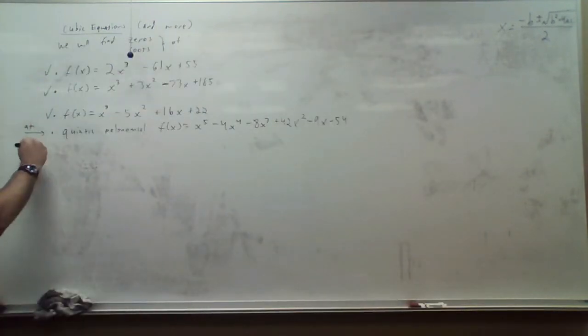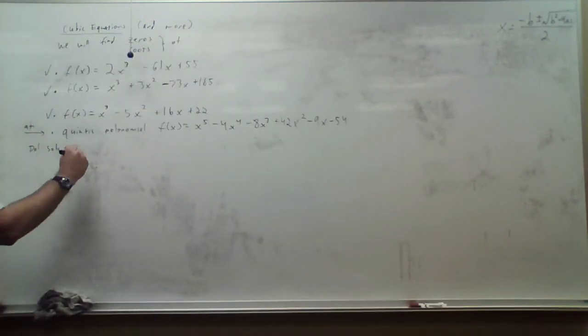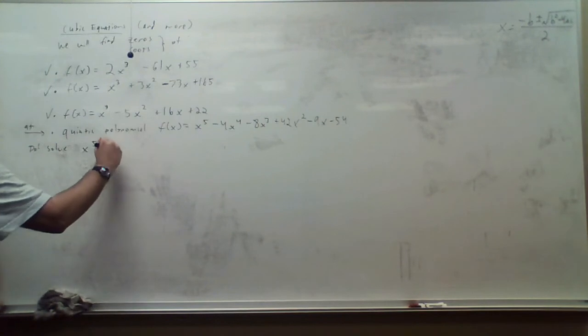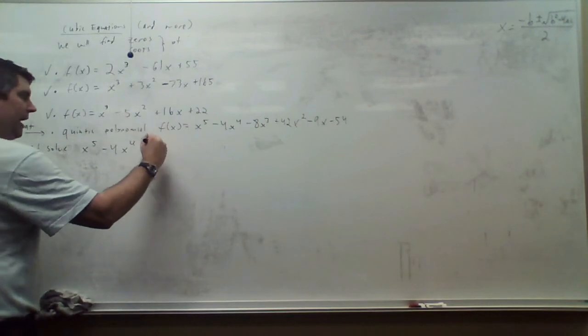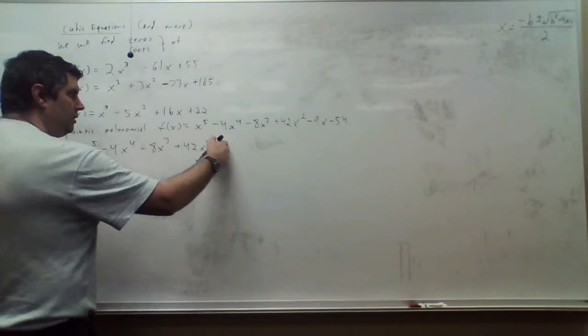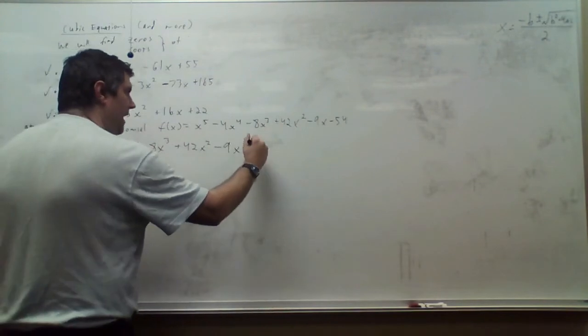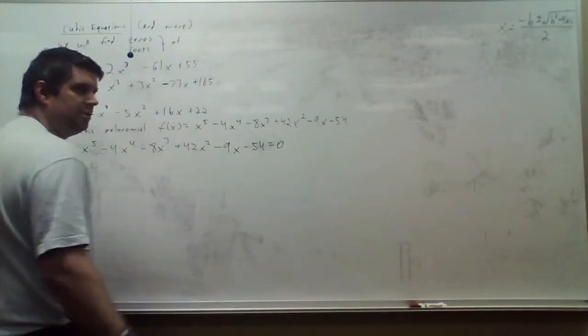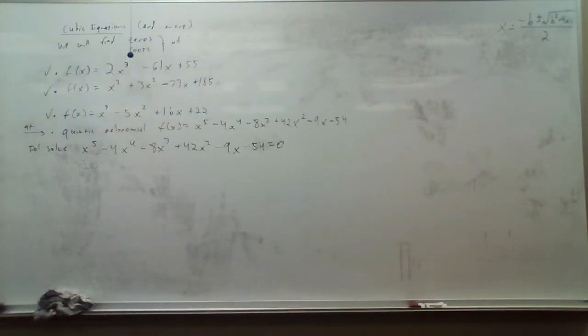So this means we will solve x to the fifth minus 4x to the fourth minus 8x cubed plus 42x squared minus 9x minus 54 equals 0.